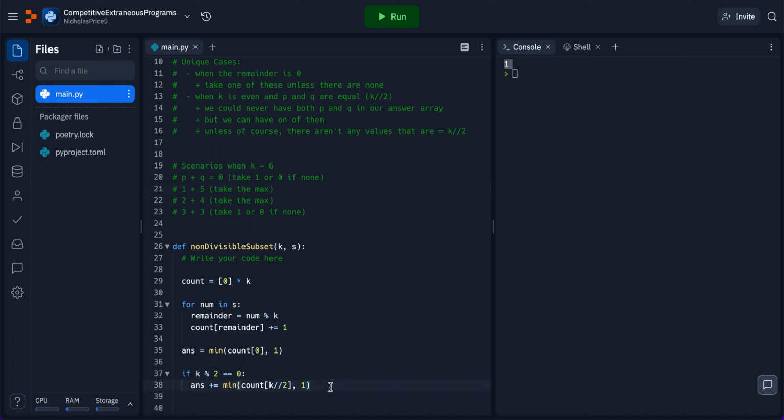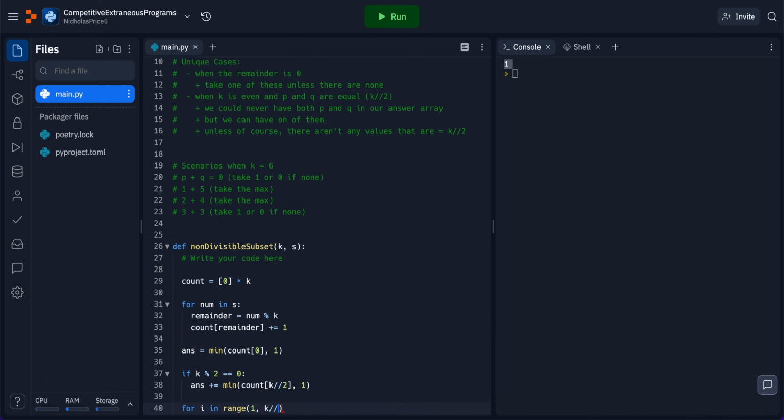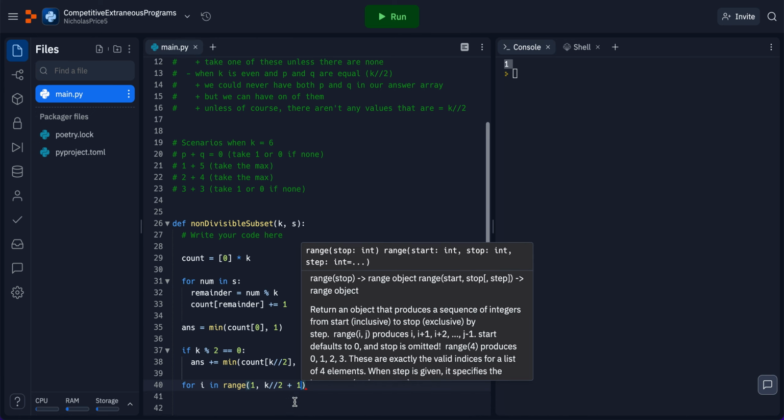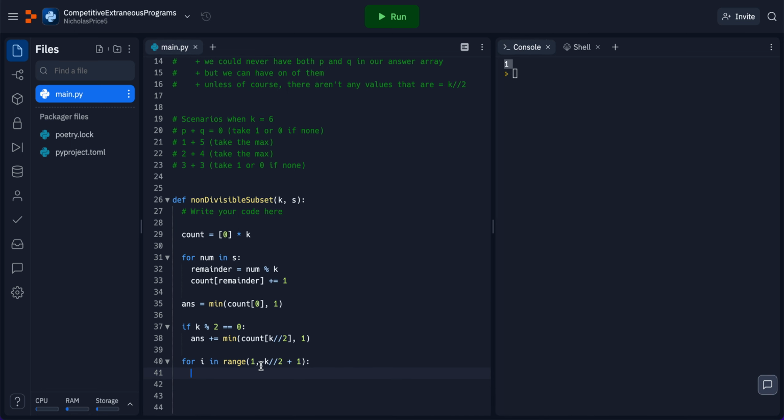And what do I mean by that? Okay, let's go down and start writing our loop. For i in range 1 to k divided by 2 plus 1. Well, what have we just done? We've only evaluated half, essentially the first half of our combinations.